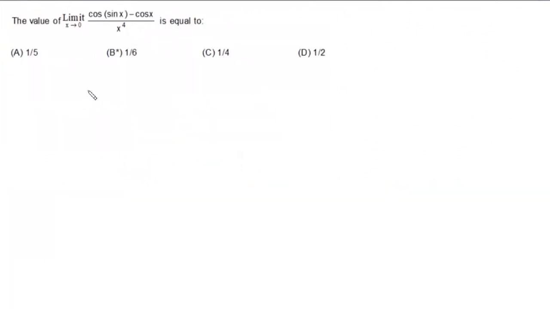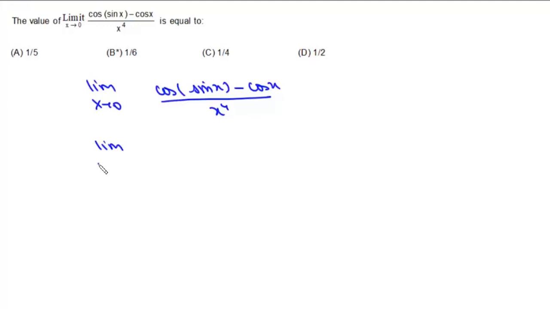Now here the question is, we need to find the value of this limit, x tends to 0, cos of sin x minus cos x upon x to the power 4. Now what we'll do is, we'll use the formula for cos c minus cos d.